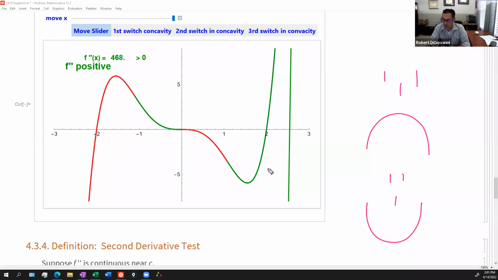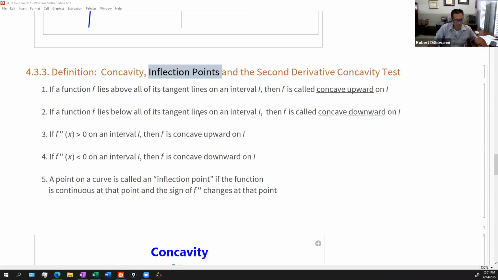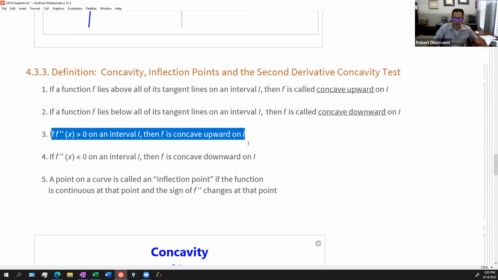I'm going to show you the notes again here. But do you see visually what it is? Frown and smile. If the second derivative of a function is positive on an interval, then it is concave up on that interval.